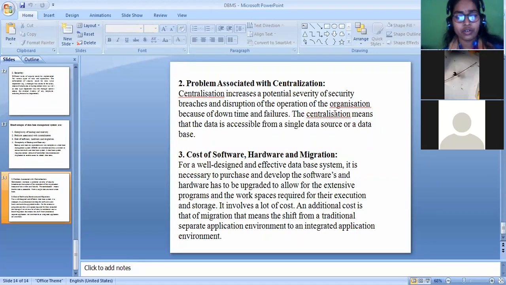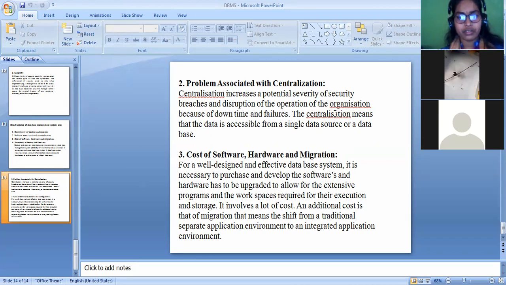Third is cost of software, hardware and migration. For a well-designed and efficient database system, it is necessary to purchase and develop the software and hardware. It is upgraded to allow for the extensive programs and the workspaces required for their extensions and storage.